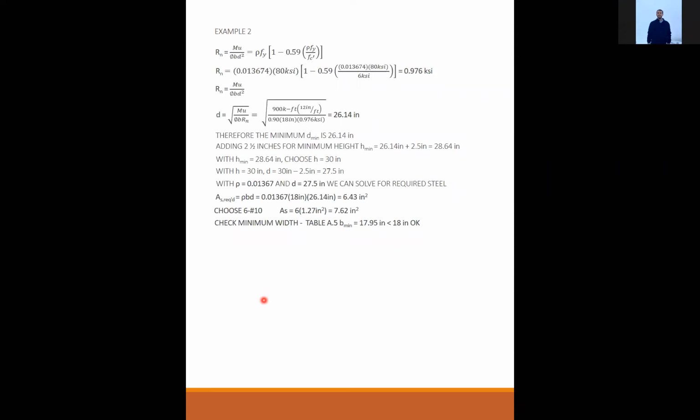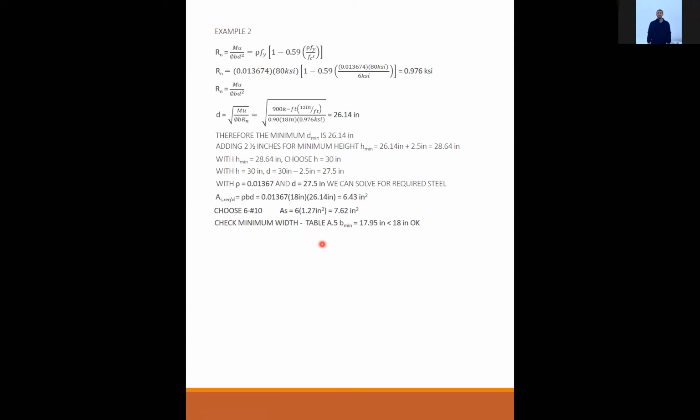Professor, I have a question. How did you choose the 6 number 10s? I'm confused there. Well, I needed an area of steel that equals 6.43. And I needed to choose a number of bars that would fit in 18 inches.